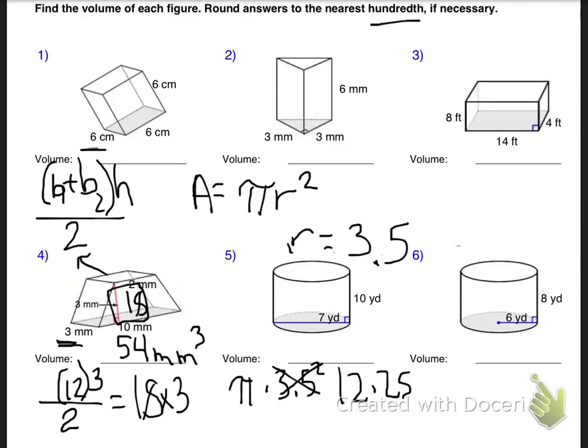And now I'm going to multiply that by pi. So I'm going to multiply it by 3.14. Or again, you can use your pi button. And remember, it says to round to the nearest hundredth. That's the second place. So once you multiply them together, you should get 38.47 once you round.